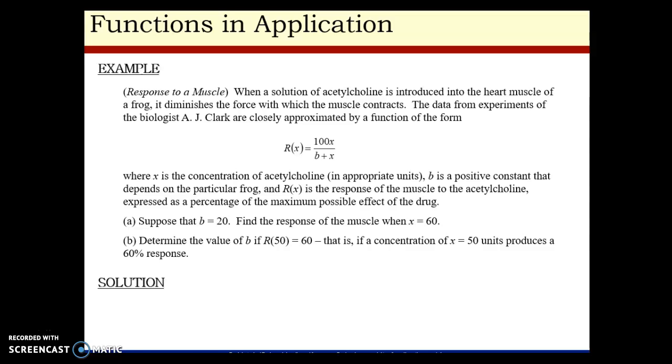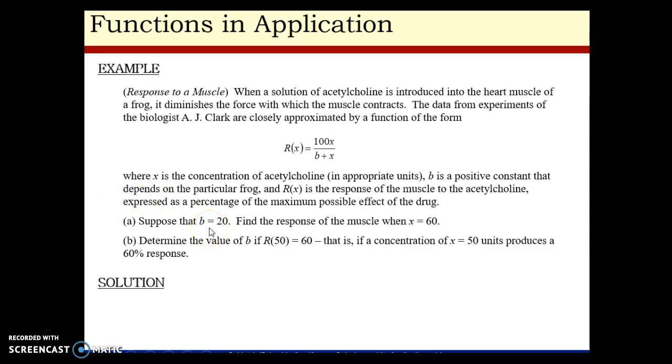The data from experiments of the biologist A.J. Clark are closely approximated by a function of the form r of x, and here's the function, where x is the concentration of this acetylcholine, b is a positive constant that depends on the particular frog, and r of x is the response of the muscle. So they're looking at this, and this is a great example to help us understand functions.